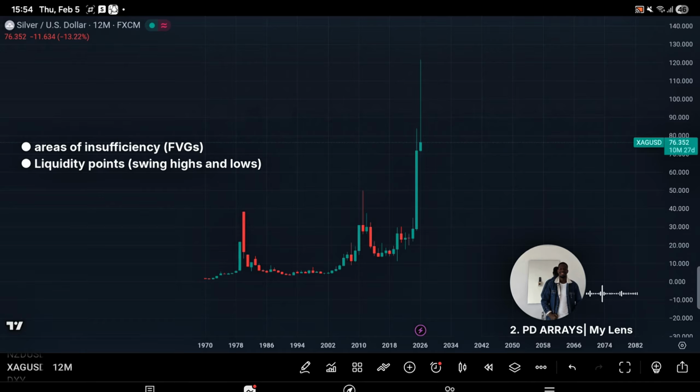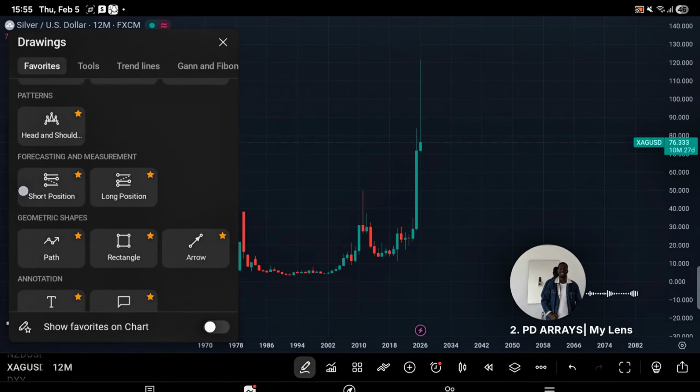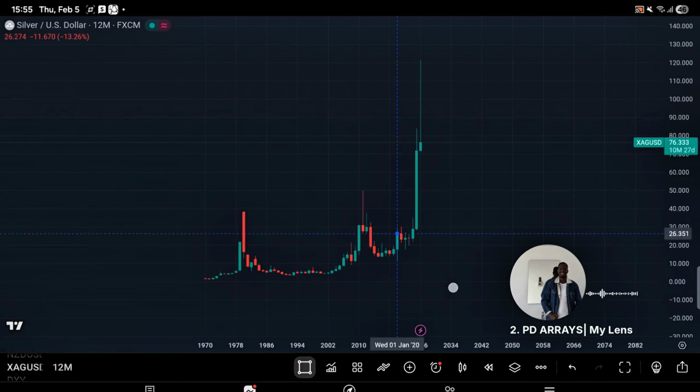So when I read the market, I mostly focus on where price is relative to PD arrays. They don't tell me to buy or sell yet. They just tell me how price is interacting and where it may want to rebalance next. So for example, in this case, at this 1 year time frame, this would be a fair value gap.